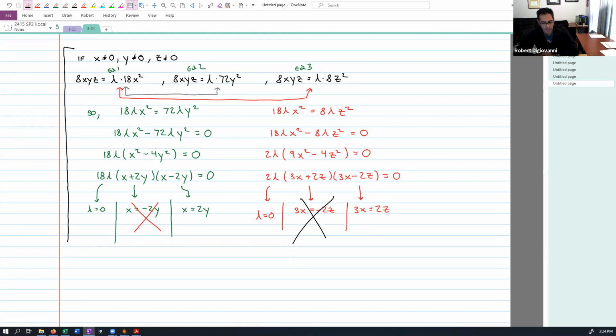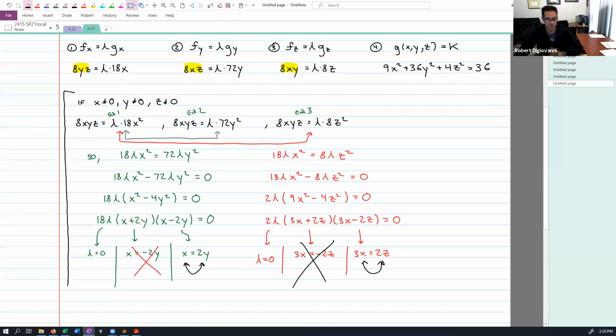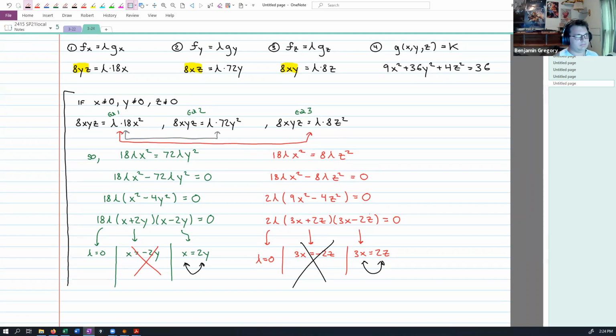All right. I have a relationship between x and y. I have a relationship between x and z. Any ideas of where we can go with that? Can we get one between y and z? We could now find a relationship between y and z by setting these two equal to one another, couldn't we?